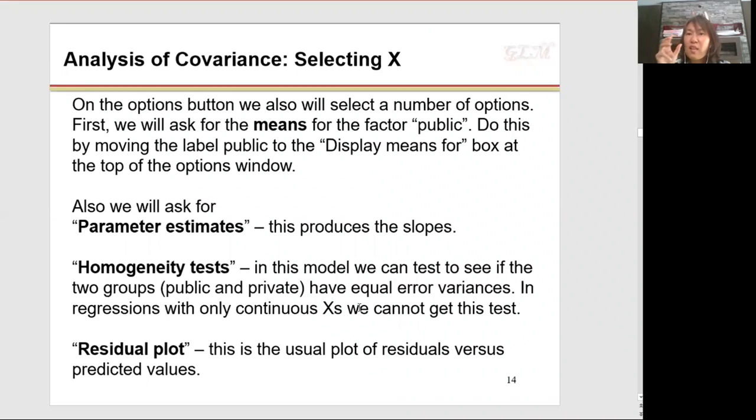Then you will get the scatter plot, like a normal distribution. Do you remember the histogram plot and residual plot? We did that in the midterm exam. So everything is connected actually, but I'm talking about the shortcut by using the general linear model tab. Residual plot, this is the usual plot of residual versus predicted values, okay?